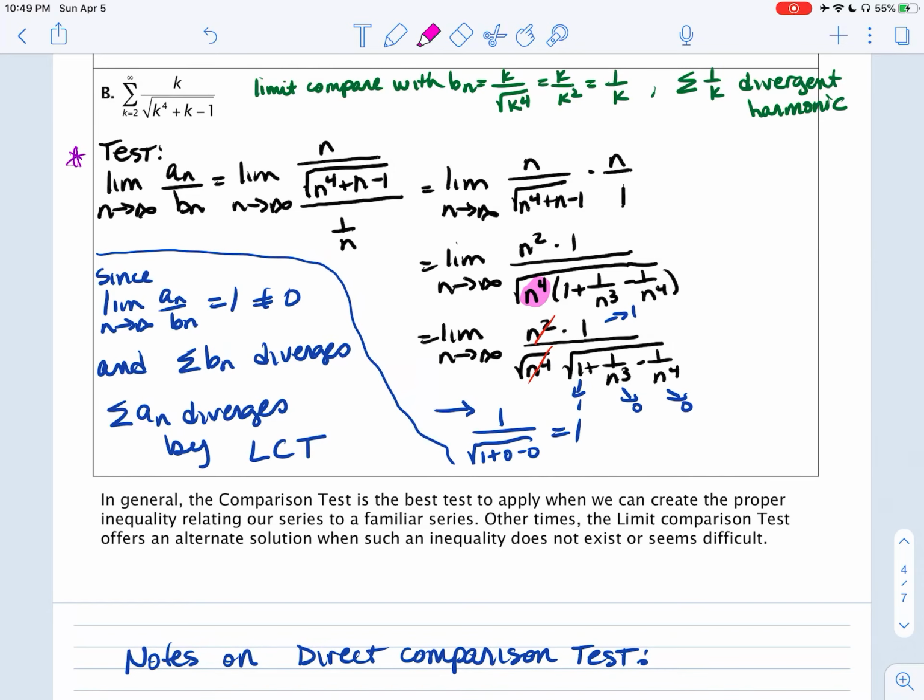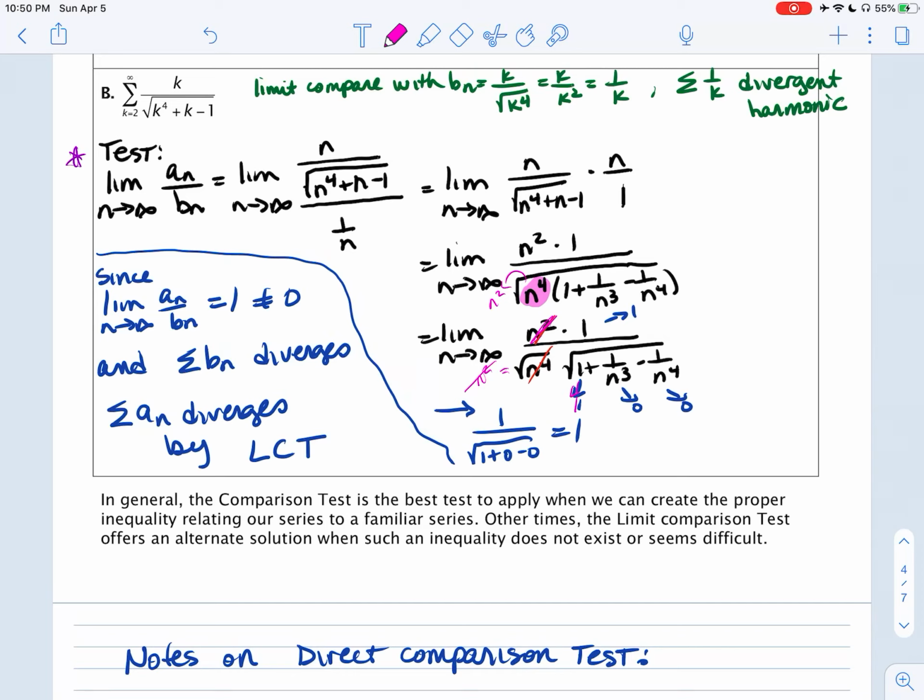And then I do know that in order to pull that out, the square root of n to the fourth is going to be n squared, right? So this is actually equal to n squared, and you are going to be able to cancel it. Now I'm going to use my limit of composition of functions and sums, and my limit laws. 1 is a constant, it's going to go to 1. 1's going to go to 1 down here. 1 over n cubed is going to 1 over infinity, which is going to 0.